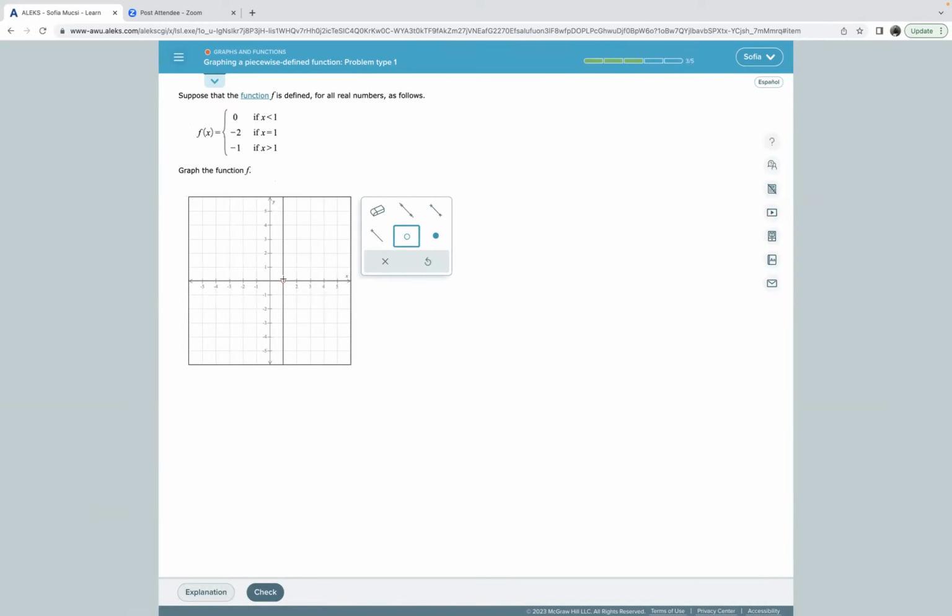It goes to the left forever from that point. You don't grab that one. You want to grab the other one, the lower left. Yeah, the ray. So it's going to start at that point and go left forever. Yeah, and then you click anywhere.